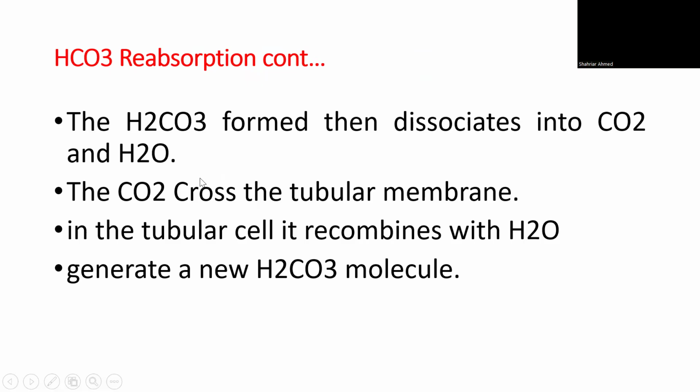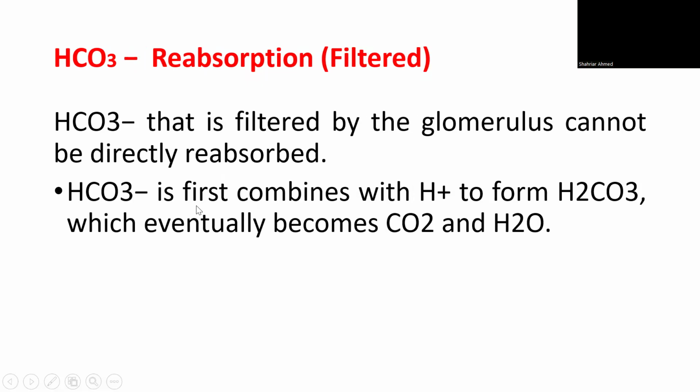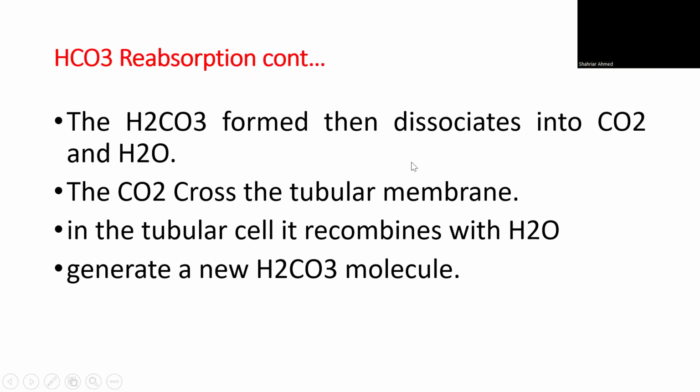So bicarbonate ion first combines with hydrogen ion that was secreted from carbonic acid and eventually becomes carbon dioxide and water. This carbon dioxide crosses the tubular membrane into the tubular cell.